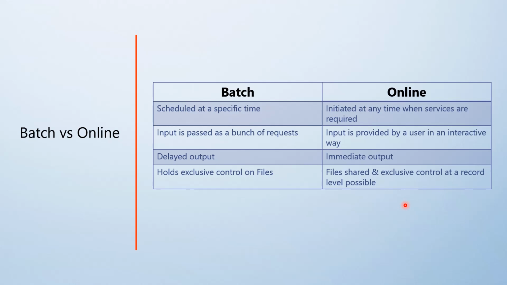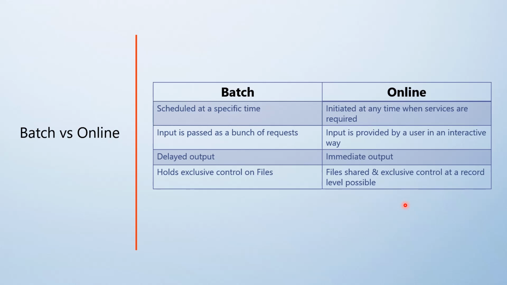These are the prime differences between batch and online. Batch is scheduled to run at a specific time, whereas online can be initiated at any time when services are required. In batch, input is passed as a bunch of requests, whereas in online, input is provided by the user in an interactive way.